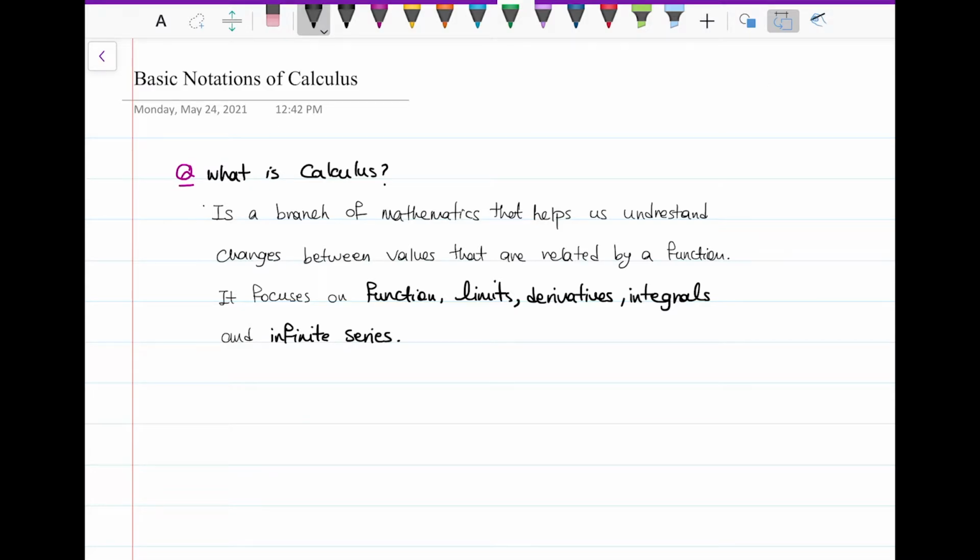Functions, limits, and some derivatives are studied in Calculus 1, but integrals and infinite series are studied in Calculus 2.